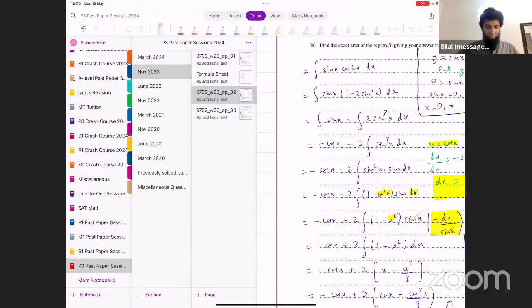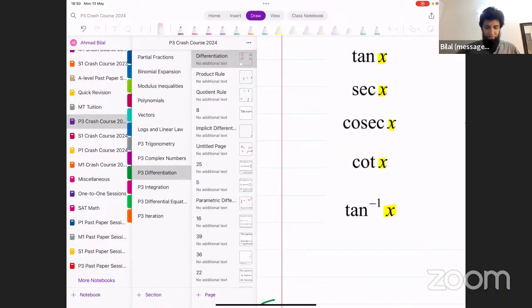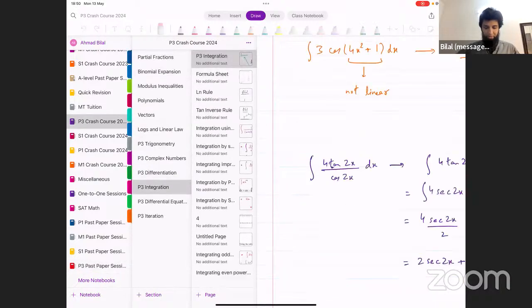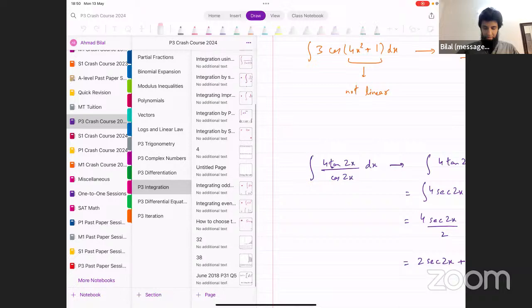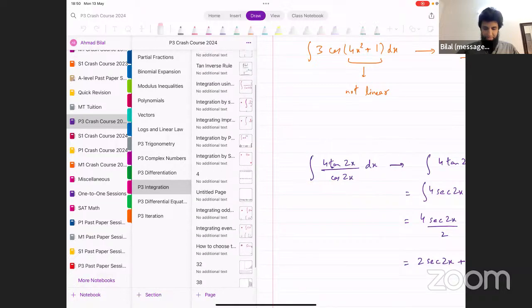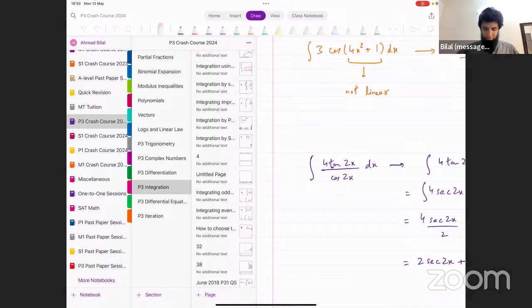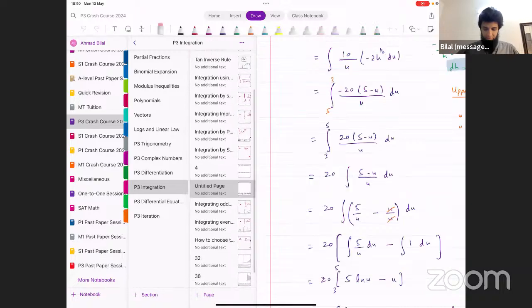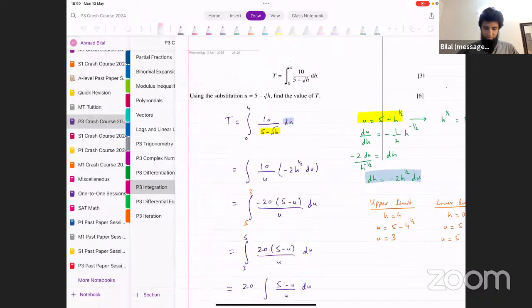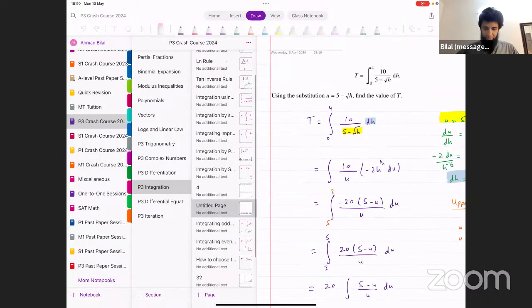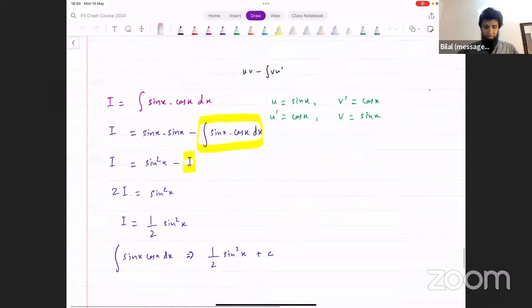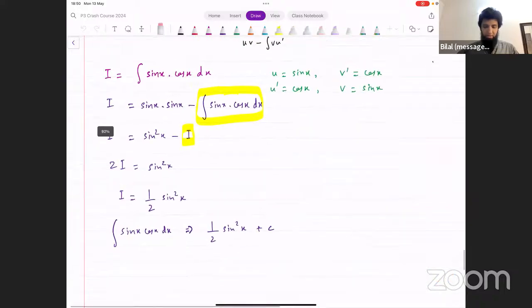But I'll actually try this again using another method, and that's basically this one, where you make a loop like this. I'll show you that idea here. It should be integration by parts. Yeah, so this is the idea.